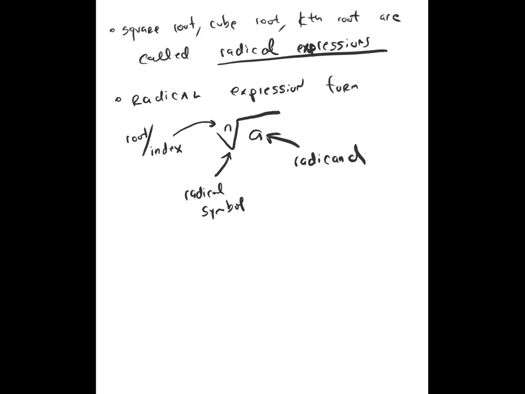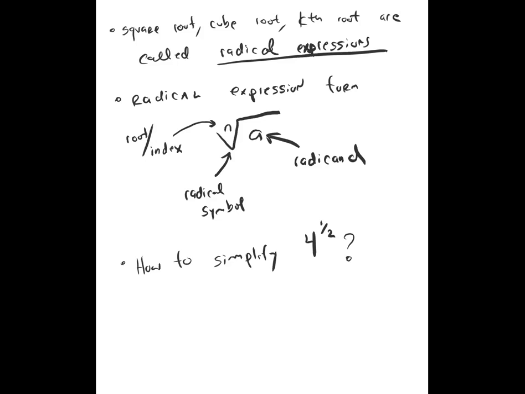So now the question is, how do we simplify something like 4 to the power of 1 over 2? Right? How do we simplify something like this? Well, number one, this is just numbers.